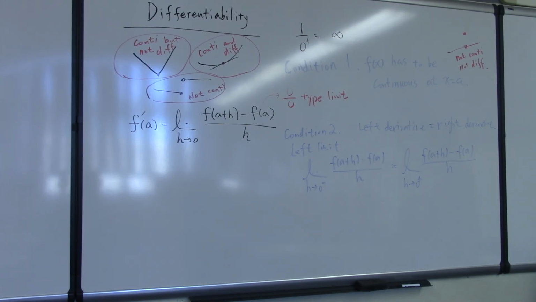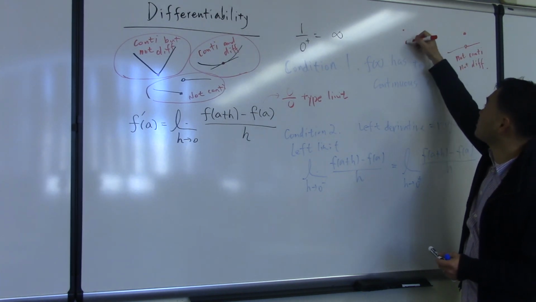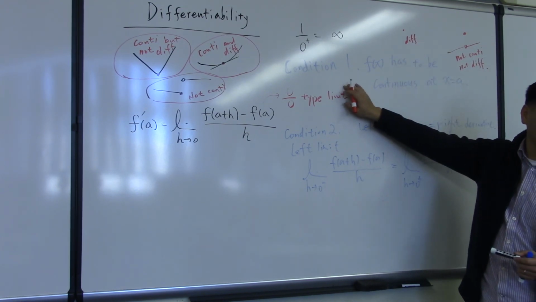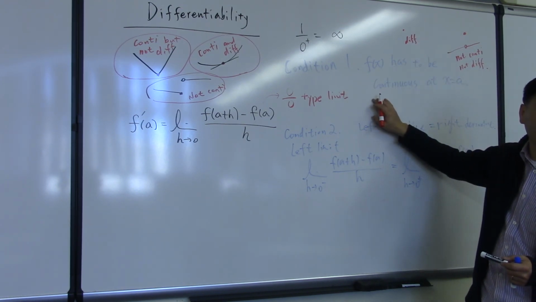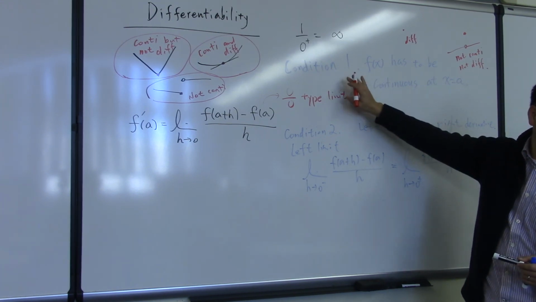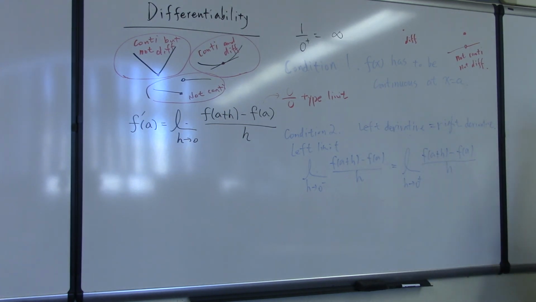It can't be. Why not? Because it has to be continuous to be differentiable. So the moment you say a point is differentiable, what does this condition say? It has to be continuous. So it's going to contradict the first condition if there's such a thing. That's just basic logic here.